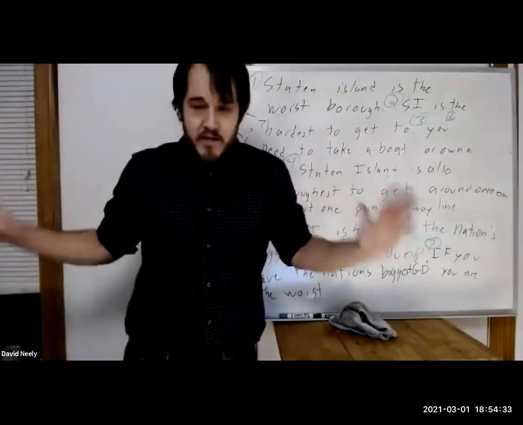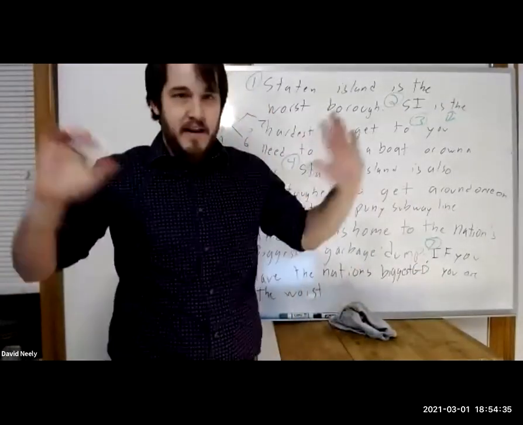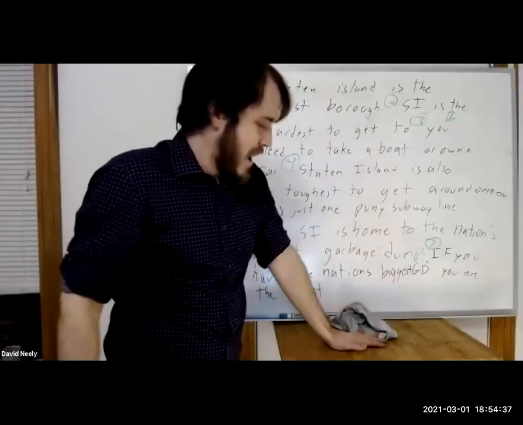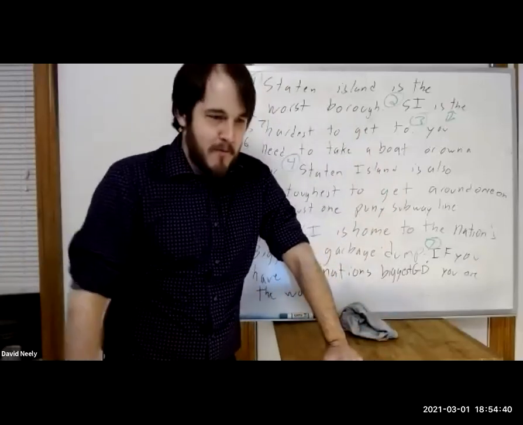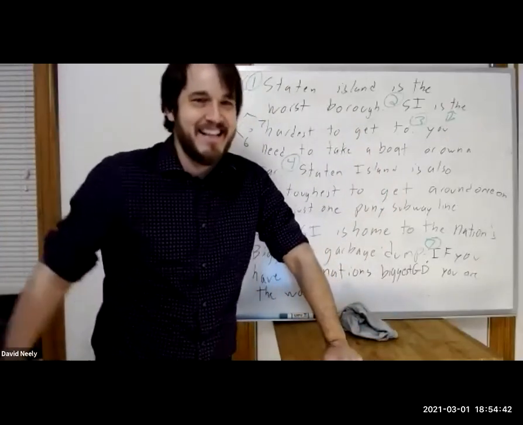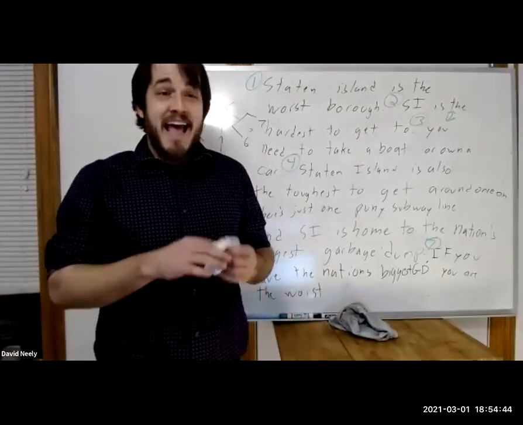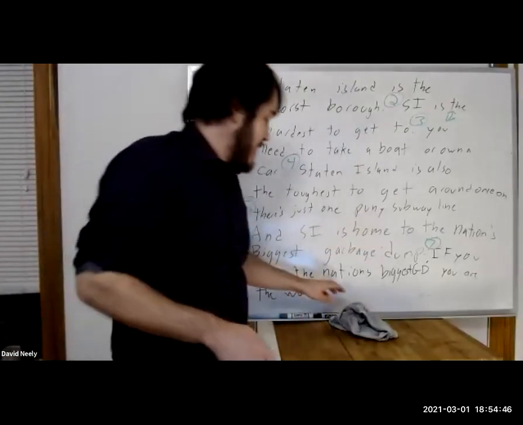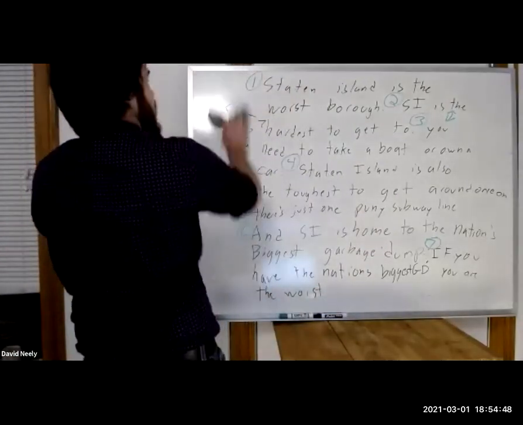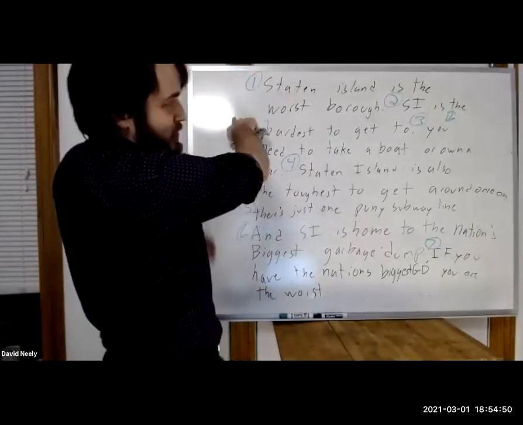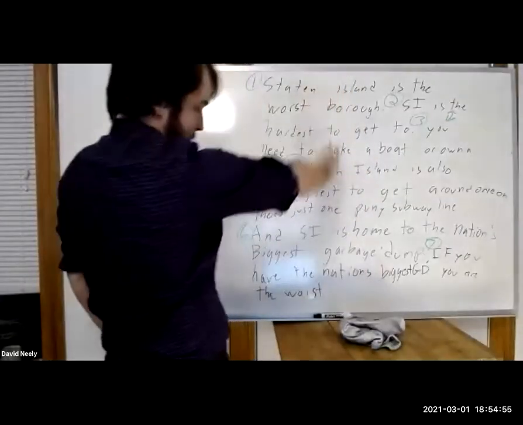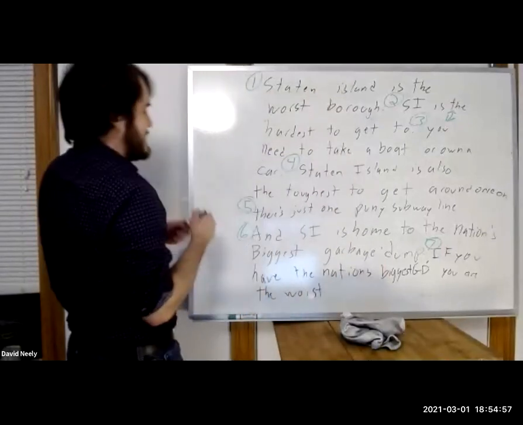So, any last questions on linked premises, conclusions, anything like that? All right. Rather than bleed everywhere, I'm probably going to end class at this point so that I can go clean myself up. Does anyone have any last questions on it? Again, the homework will look something like this. You would be given a structure like this, or a paragraph like this, and then you'd be handed something like this.